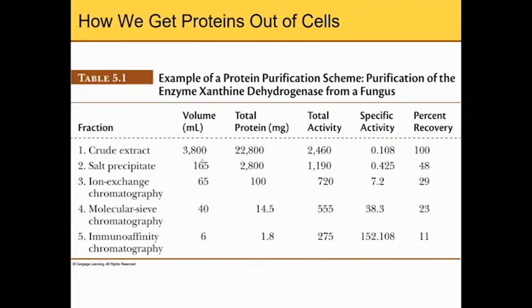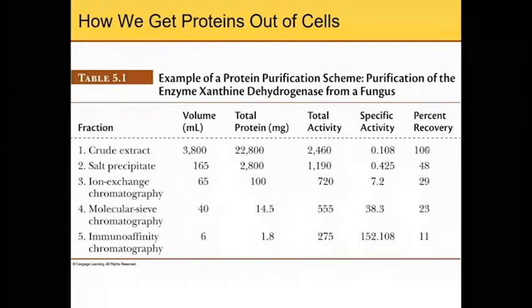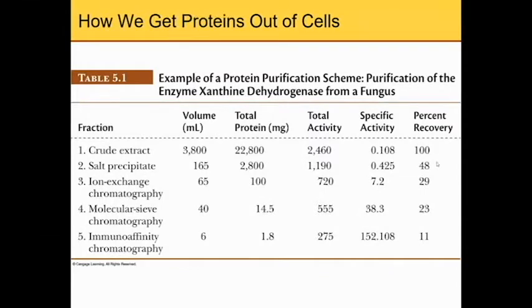And then if you go through the salt precipitation, and then ion exchange chromatography, and the molecular sieve, which is size exclusion chromatography, all right, it shows the recovery from 100% for the crude extract: salt precipitation, you get 48%, ion exchange 29%, size exclusion 23% recovery, and this is the immunoaffinity chromatography purification, 11% of the recovery, okay?